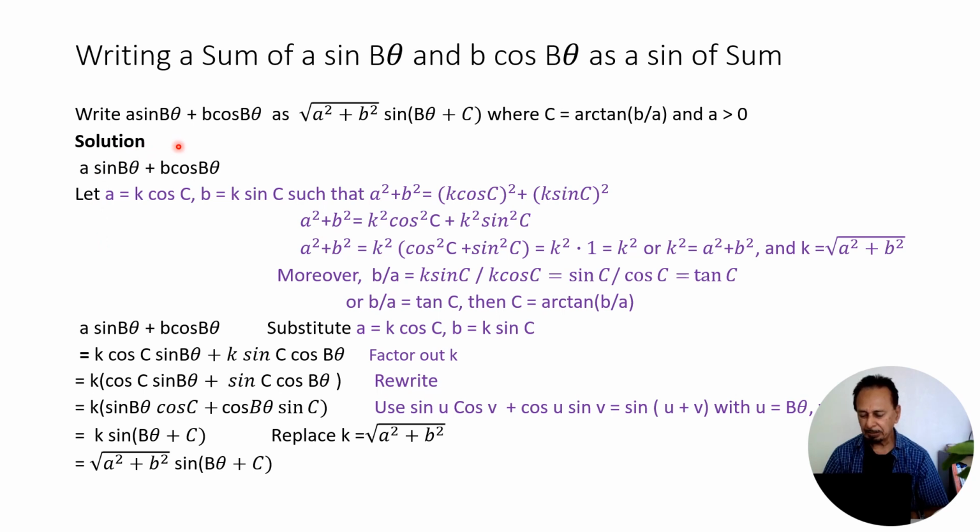Write a sine b theta plus b cosine b theta as square root of a square plus b square sine of b theta plus c, where c equals arctangent b over a and a is bigger than 0.